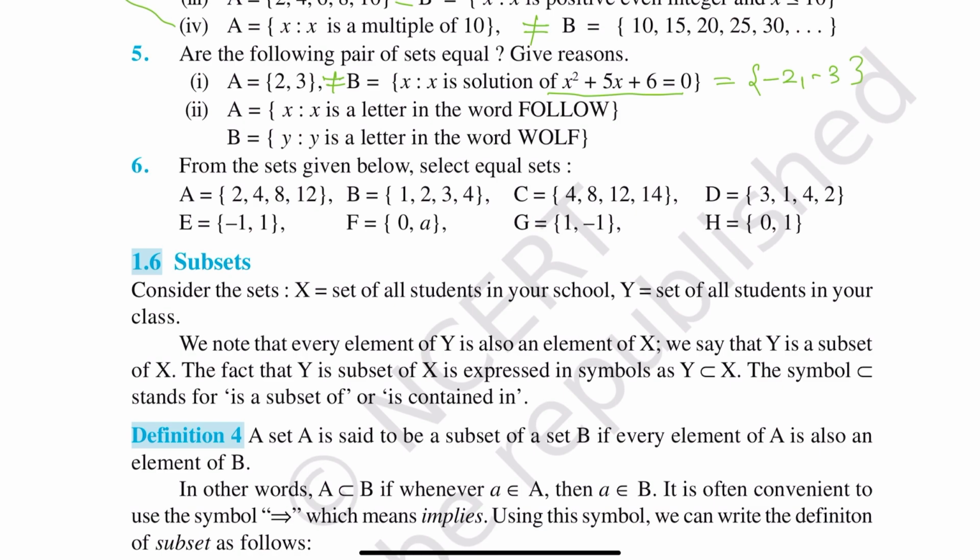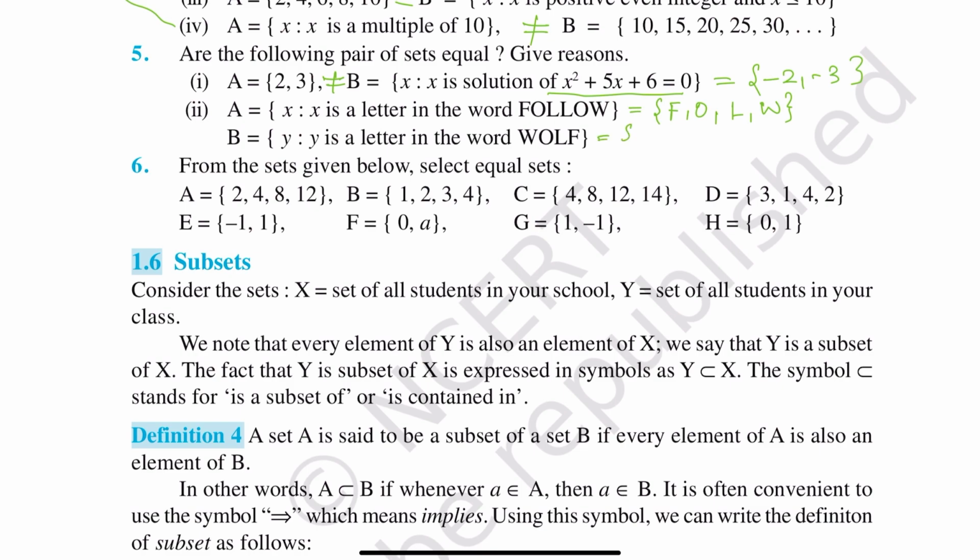Second, x such that x is a letter in the word follow. अगर हम A का रोस्टर फॉर्म लिखें तो क्या बनेगा F, O, L, अब L हम यहाँ पर लिख चुके हैं ऑलरेडी और सेट में रिपीटेशन नहीं होता, O भी आ चुका है तो अब W. नाउ इन द B set y says that y is a letter in the word wolf.